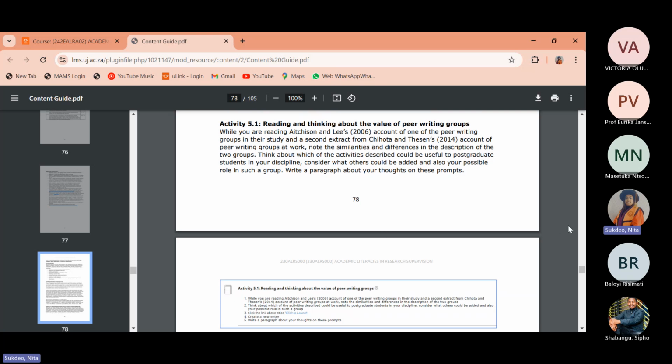Because remember, not all these methods are used for a specific discipline. Like Tony was mentioning, that ethical clearance process does not fall under his discipline.